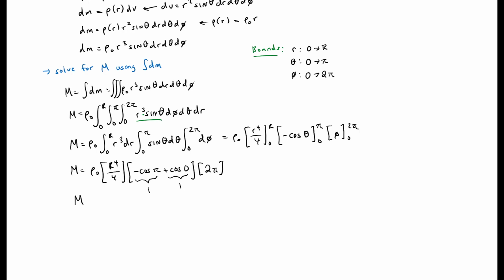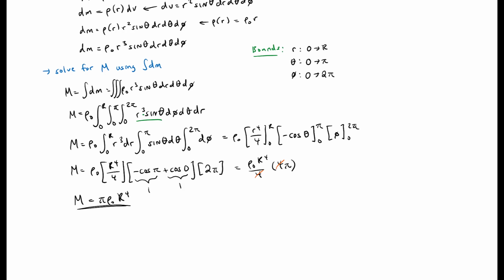And cosine of 0 is 1, so we actually have 2 there. So we have 2 times 2, let's just rewrite this. We have rho naught R to the 4 over 4 times 4 pi. The 4's can cancel out, and we are left with pi rho naught R to the 4.